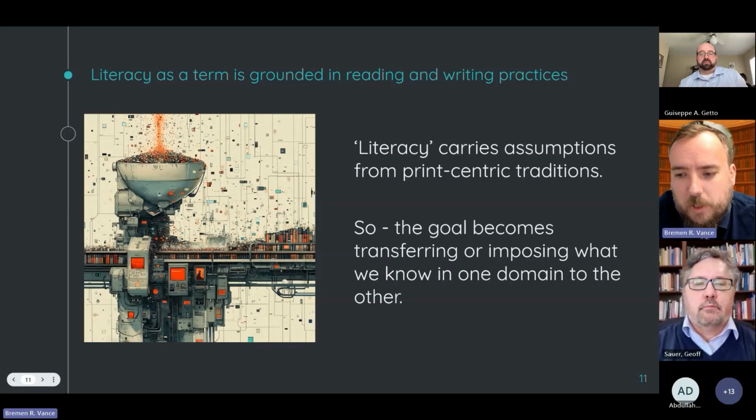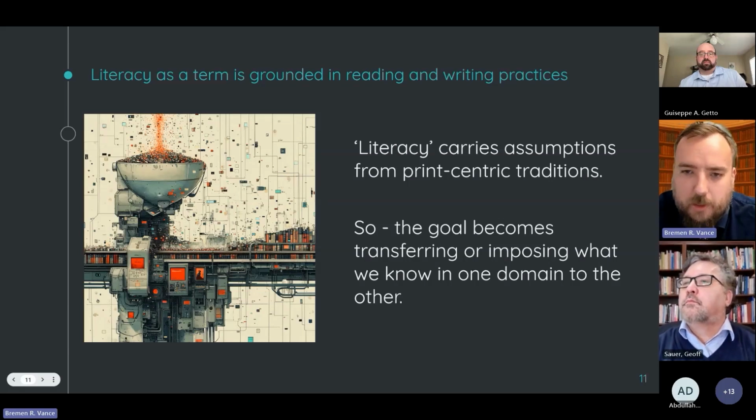He said that people in a print-centric culture, which was everybody, have a very hard time understanding the conventions and relationships to oral language that communities had before print became so dominant.